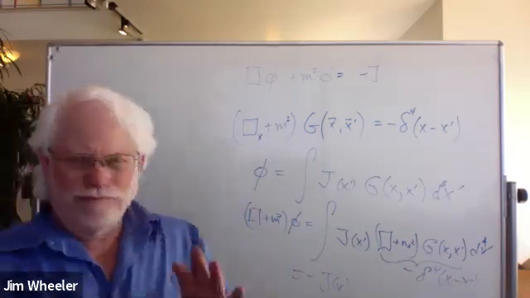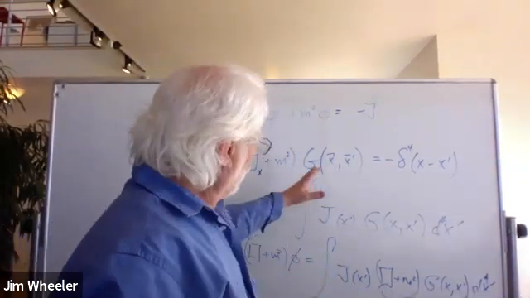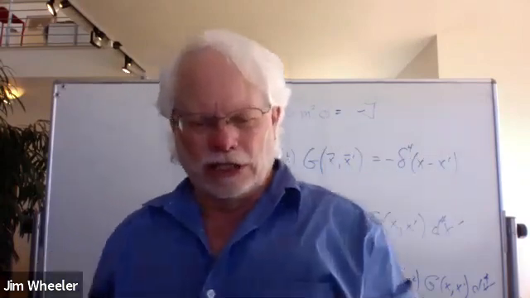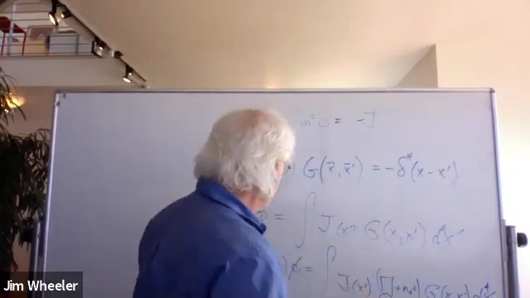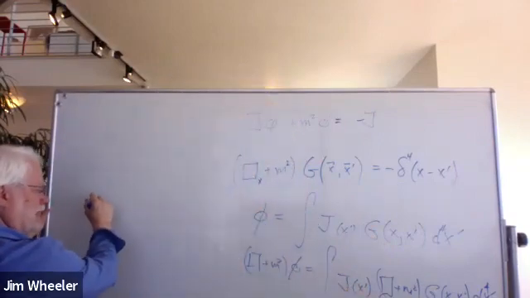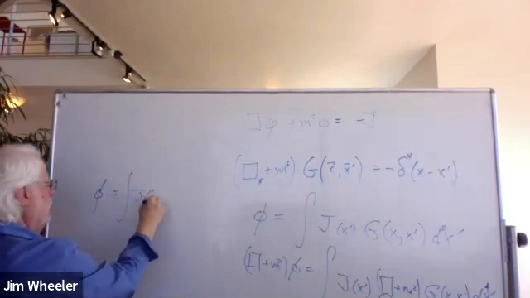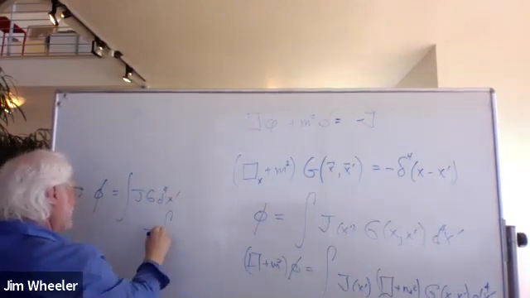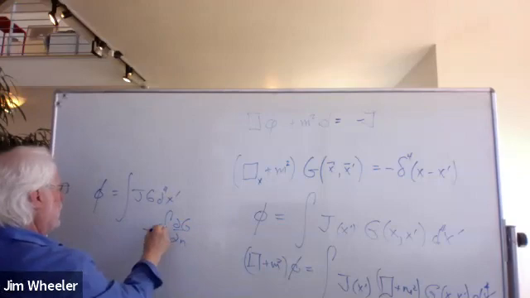Now, there are 2 issues here. One is, what happens with boundary conditions? Because you usually solve this equation with some sort of boundary conditions. There's a thing called Green's theorem, where in addition to this integral, you actually put something like, yeah. So if you include boundary conditions, you've got J with G integrated over the volume. Then I think it's minus the normal derivative of G over the boundary, times phi on the boundary, d3x prime.